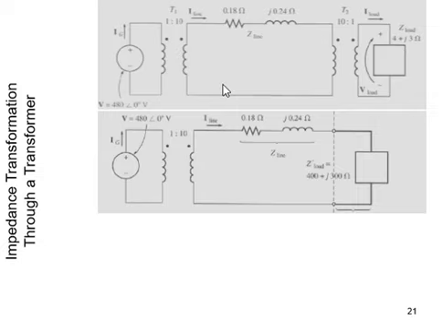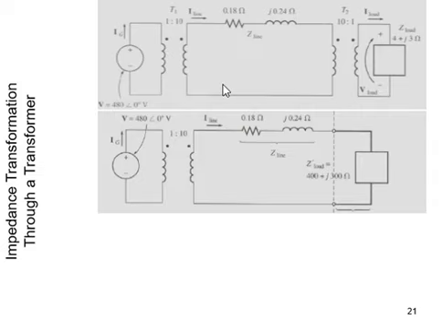If we see a Z load from the two points which are shown on the dotted line, this would be Z bar load, which is slightly different from the Z load because we have reduced the second transformer into its equivalent circuit.